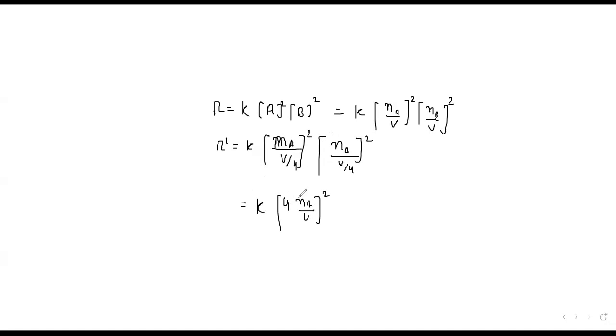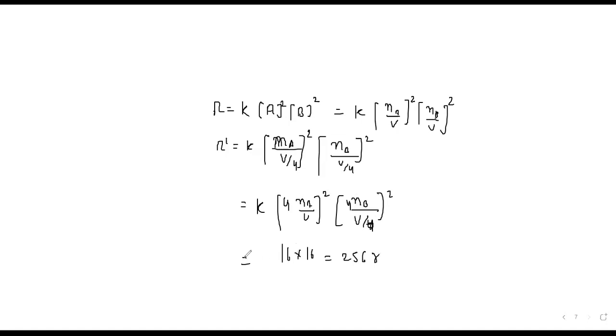After that, if you see, this becomes 4 into n by V, whole squared. So this value will be 16 into 16, meaning 4 comes on top, 16 times 16 equals 256.